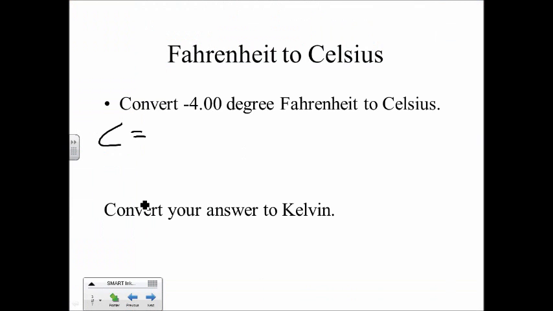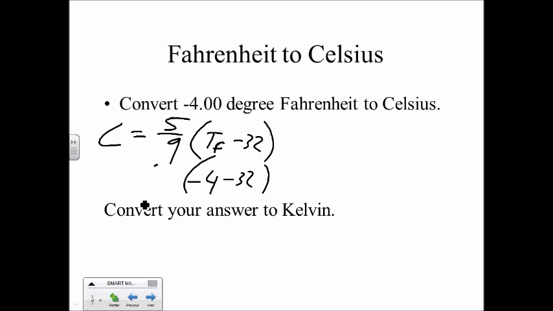All right, I want to do Celsius temperature. Our equation should be 5 ninths times what? Times Fahrenheit minus 32. Yeah. All right, we're starting with -4. -4 minus 32 times 5 ninths.